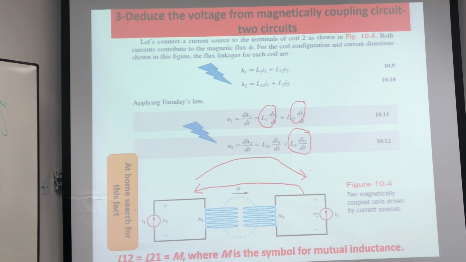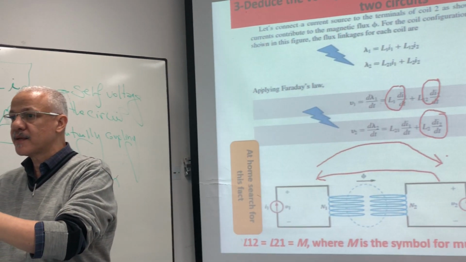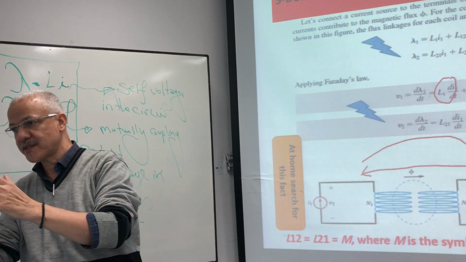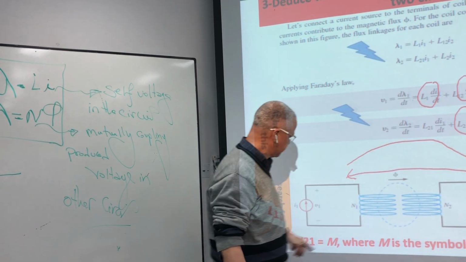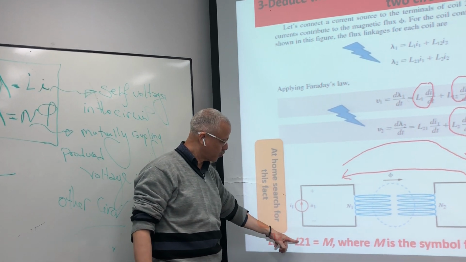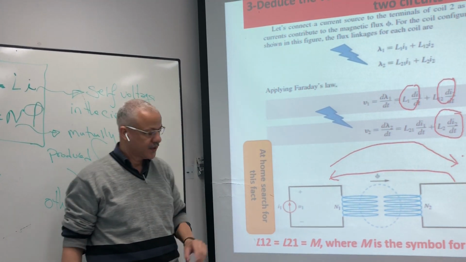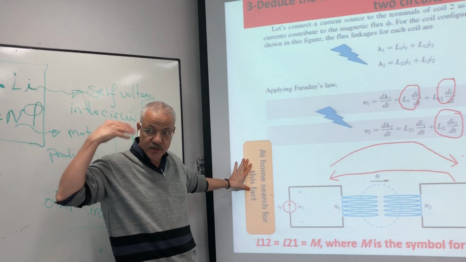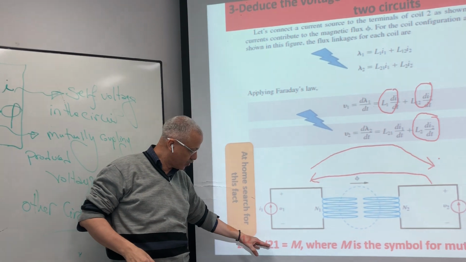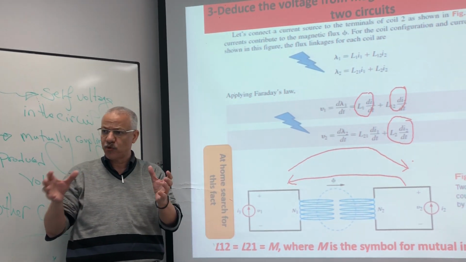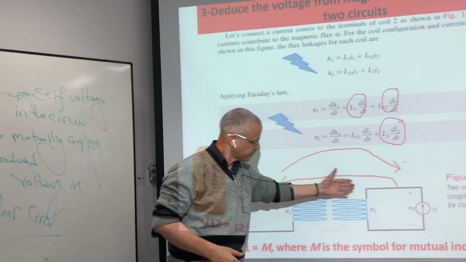Now, if I have two closed circuits, V1 equals the self part plus the mutual part, and V2 equals the self part plus the mutual part that comes from the other circuit. So, keep in mind, we can say L12 and L21 equal M. At home, try to work out why we put L12 and L21 equal to M. M is called the mutual inductance between the two circuits.